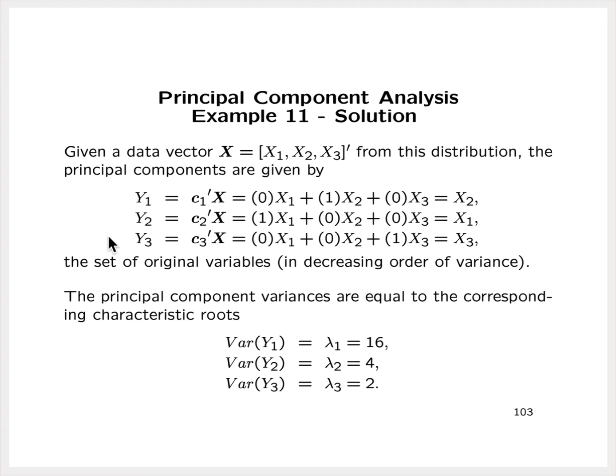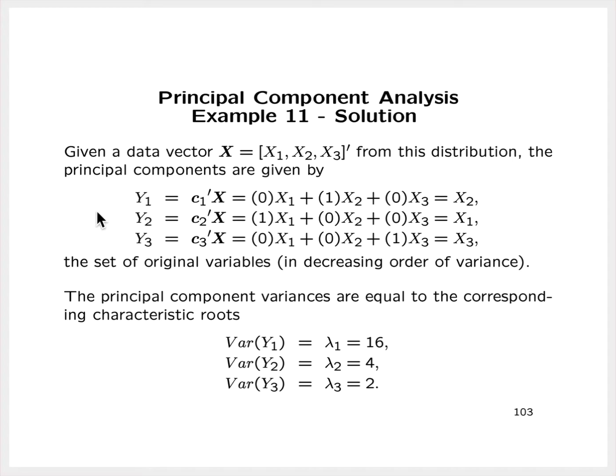And then finally, the third principal component, y3, is 0 times x1 plus 0 times x2 plus 1 times x3, which is just x3. Now notice that the three principal components, y1, y2, and y3, are just the original variables arranged in decreasing order of variance.